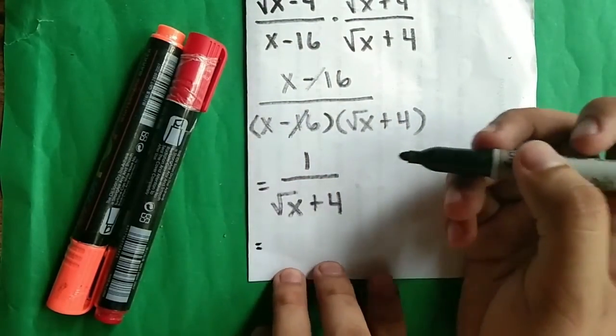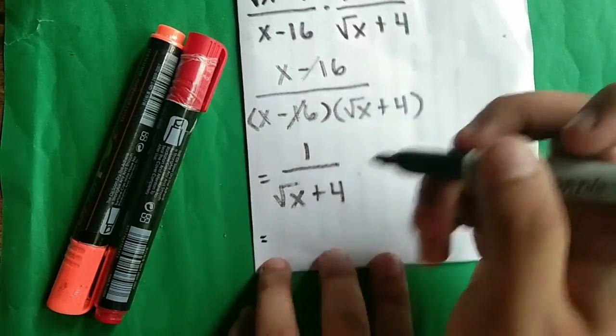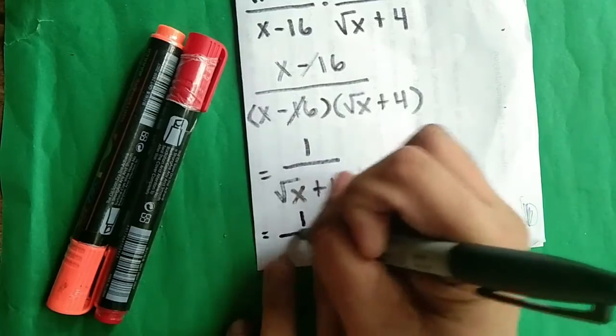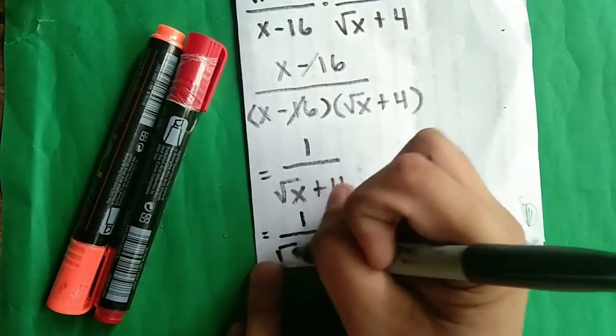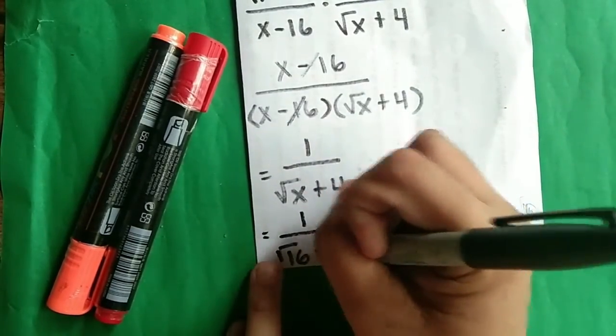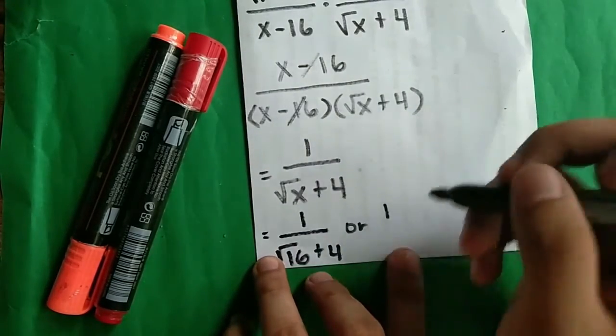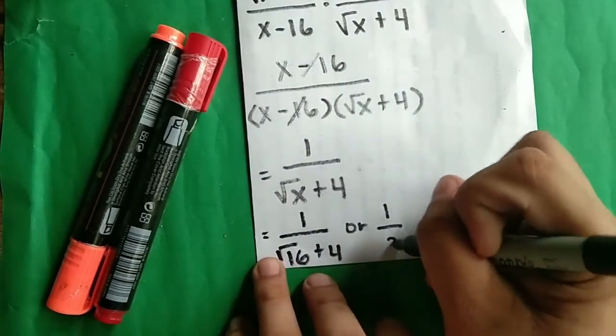This time we can substitute the value of x, which is 16. Let's substitute it. 1 over square root of 16 plus 4, or 1 over 8.